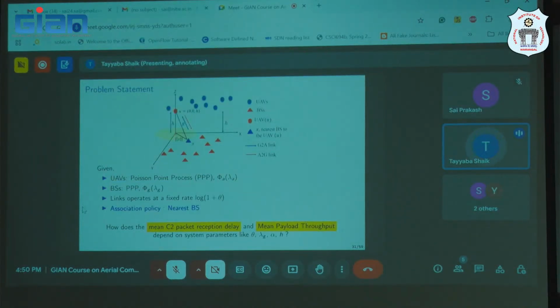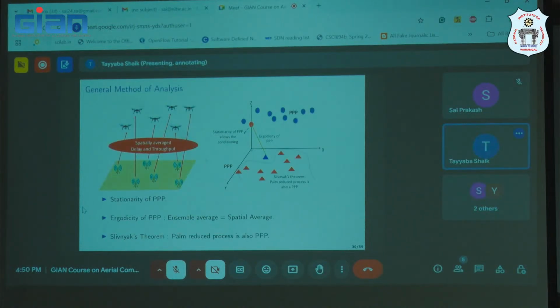So the system model I've already described. I just want to add one small context here. This Slivniak's theorem is a direct consequence of the memorylessness property of the PPP. If you remember the previous talk, we talked about three properties: one is memorylessness, the second is stationarity and isotropy, which is motion invariance, and the third one was ergodicity. So we are using memorylessness, stationarity, and ergodicity.